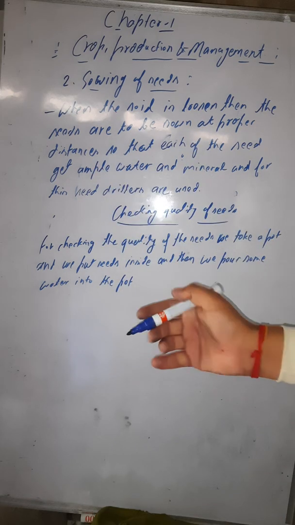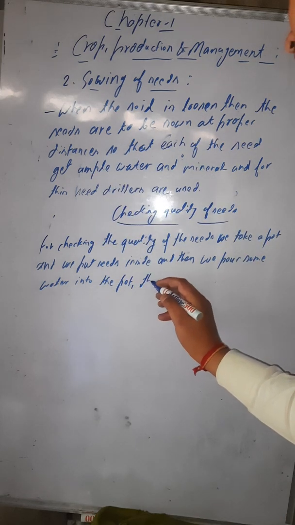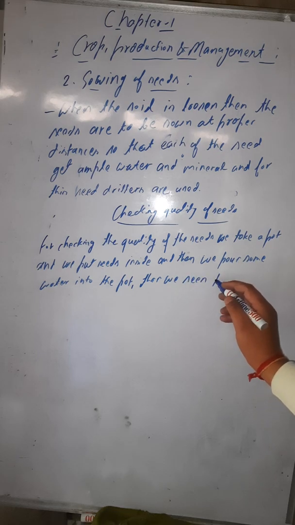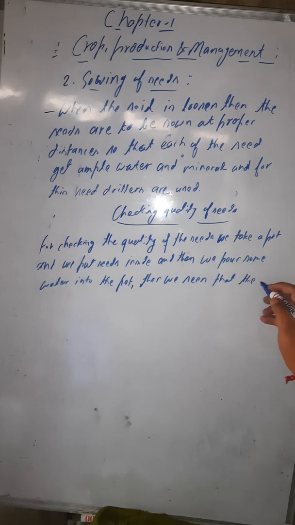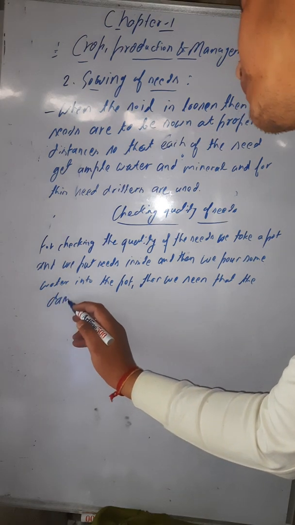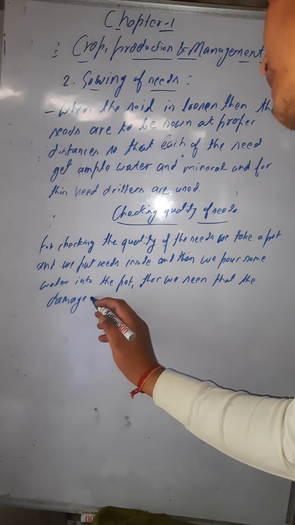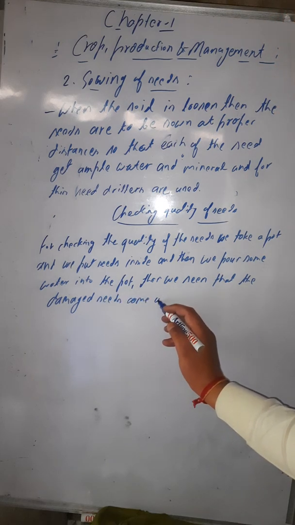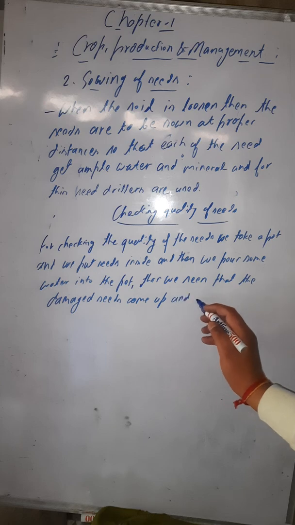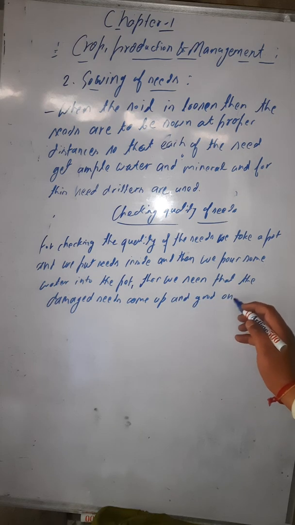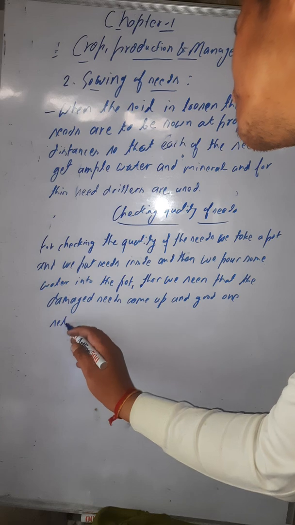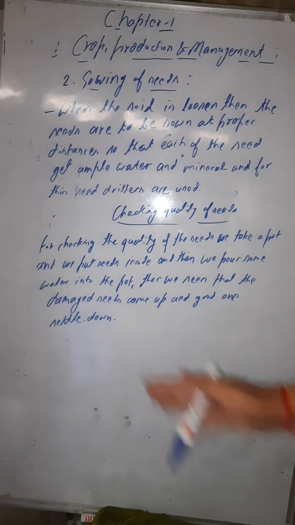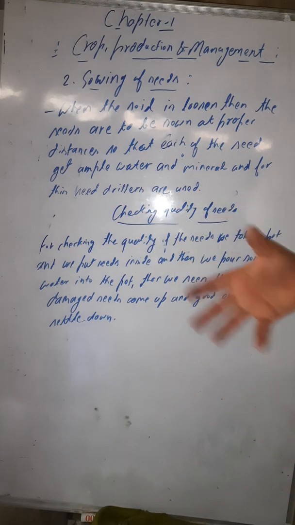Then after some time, we see that the damaged seeds, what we call the bad seeds, come up and the good ones settle down. So this is the process through which we can check the quality of the seeds.